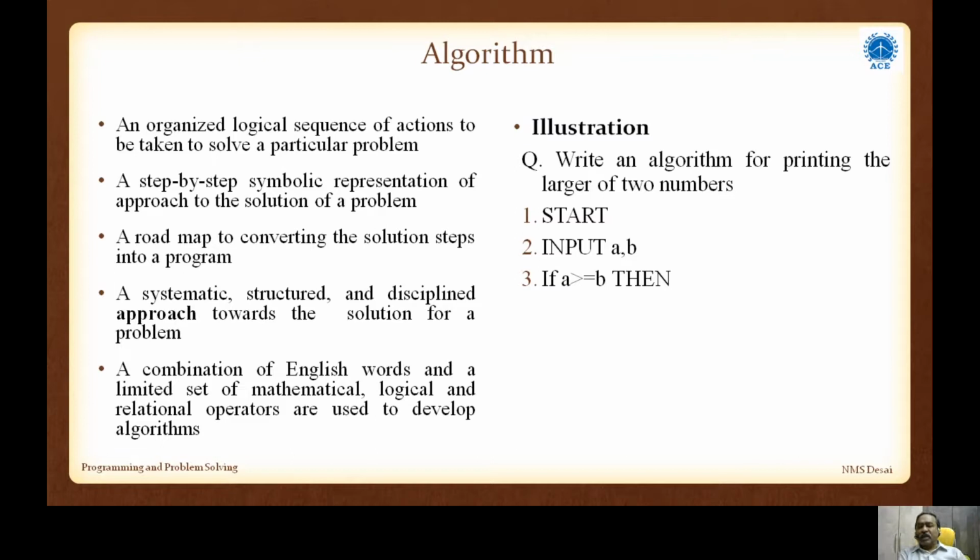So if A greater than or equal to B, then look at the symbol greater than or equal to. Normally in mathematics, we write greater than, and below that left traversing line, we write the equal to symbol. But in algorithms, we don't use it. We write it this way only. Of course, we can write it in the way we write in mathematics, since this is happening on paper only.